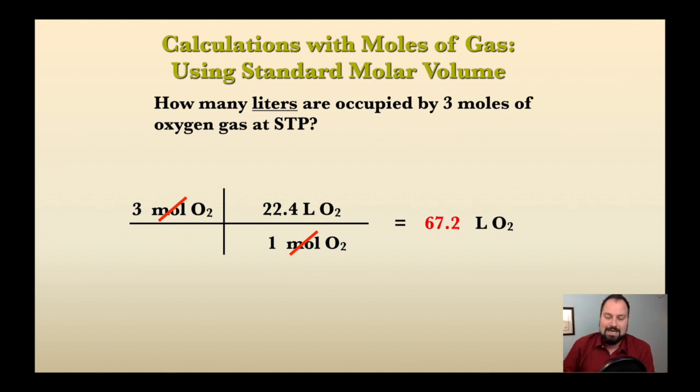Now I made a mistake here. Can you spot what mistake I made? I'll give you a second. Maybe 1 or 2 of you got it. Hopefully you all did. I have too many sig figs. Look at that. I have 3 sig figs in my answer, 67.2. But my given piece of information, 3 moles, has only 1 significant figure.